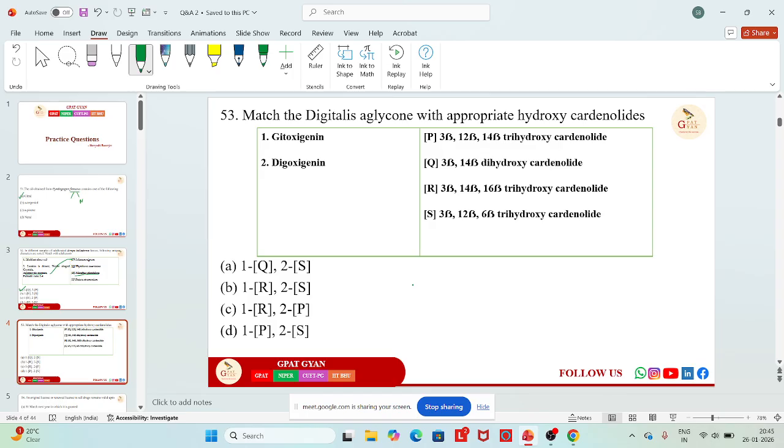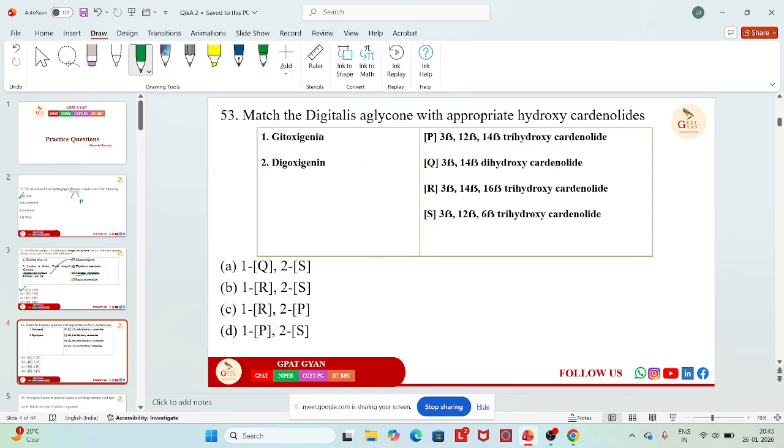So it is dihydroxy, because 3 beta and 14 beta, 2 hydroxyl groups are present. For the gitoxygenin, as you can see in your question also, it will be trihydroxy. Okay, and in the ring system, the hydroxyl groups are present in the 3 beta, 14 beta and 16 beta positions.